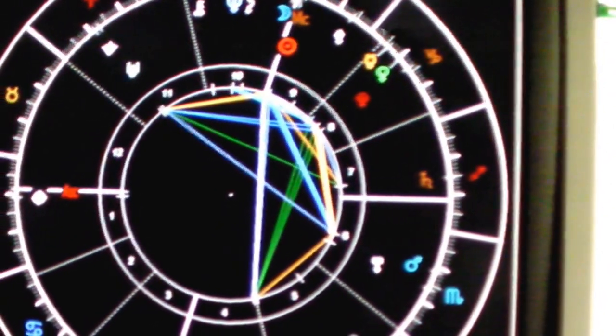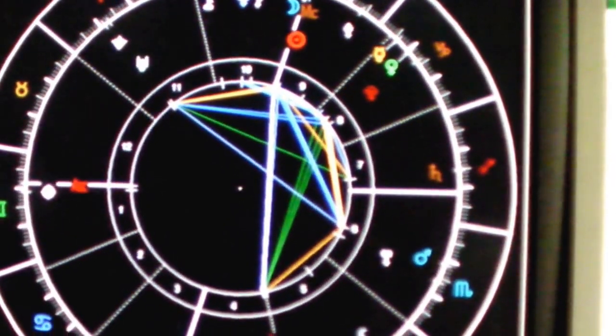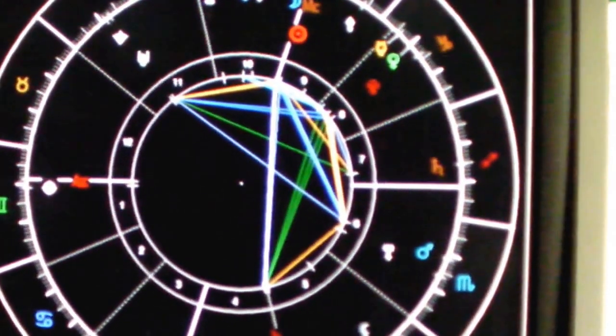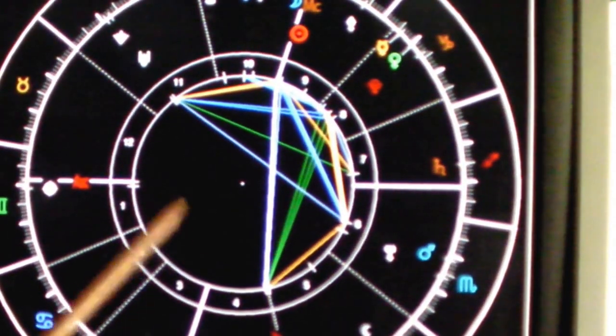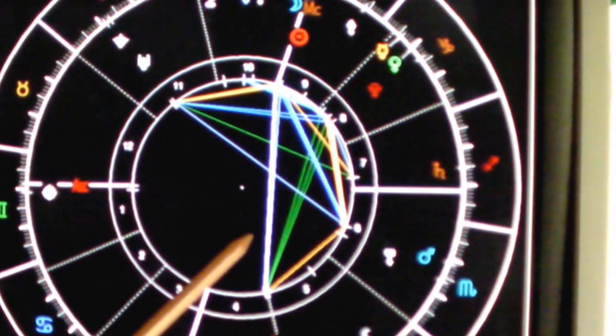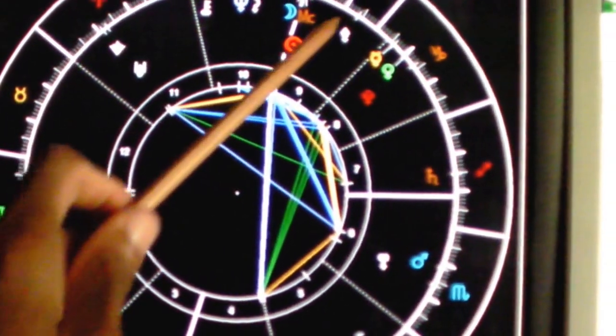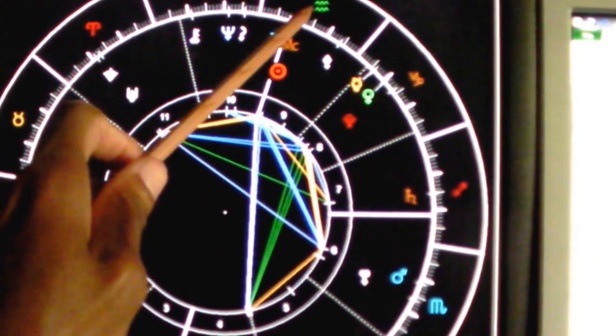Okay, so now the difference between my work... so before I tell you the difference, let me just give you an idea of how we read personalities from this. You can read a person's personality by basically putting all that stuff together.